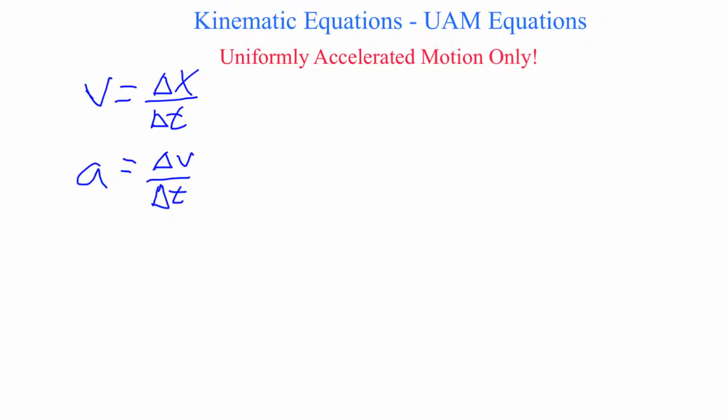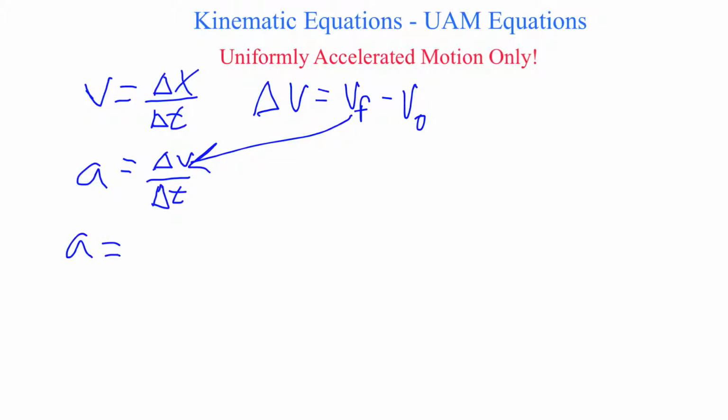So let's look at this second equation here. We can go ahead and expand that and say that delta V is final minus initial. And so we can plug that in here. So we get acceleration equals final velocity minus initial velocity over the change in time. Let's multiply both sides by change in time.